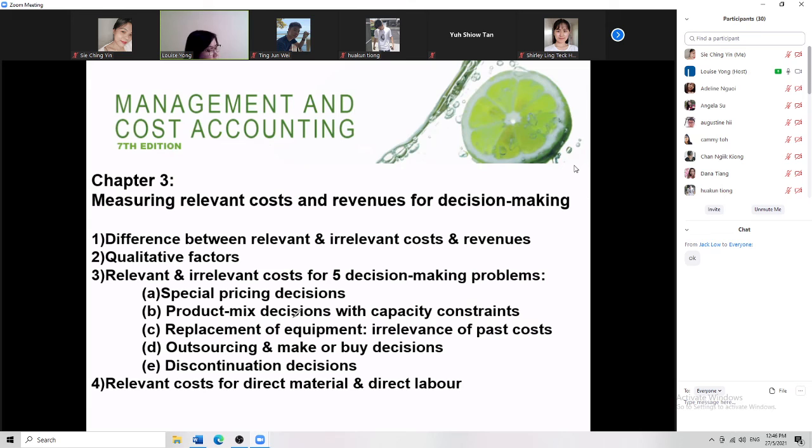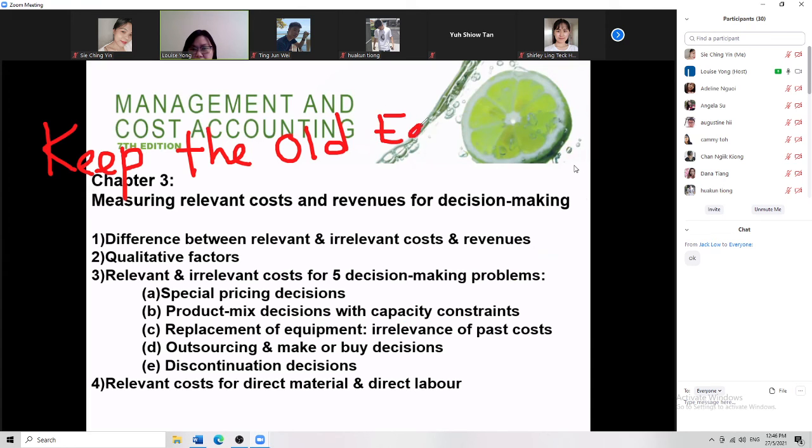Replacement of equipment. Replacement of equipment means your decision is, do you want to keep the old equipment, or do you want to buy a new one? Keep or buy equipment.